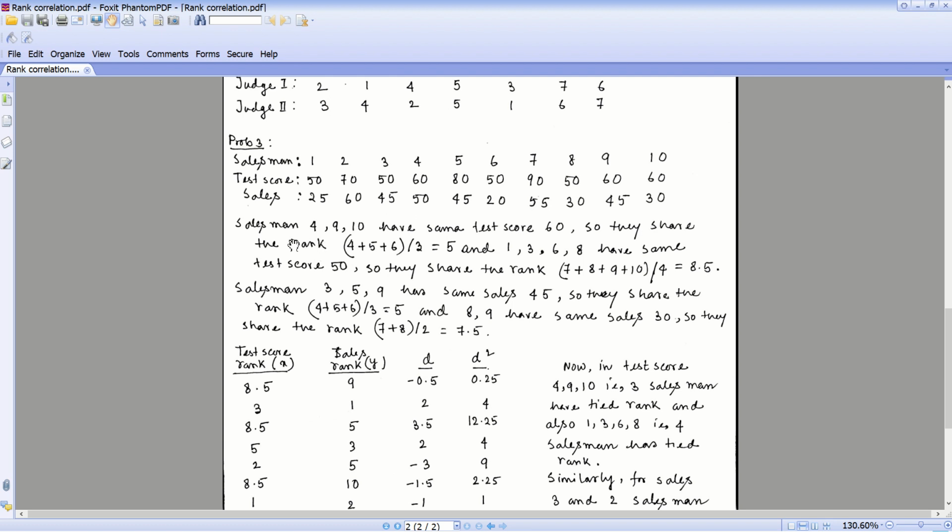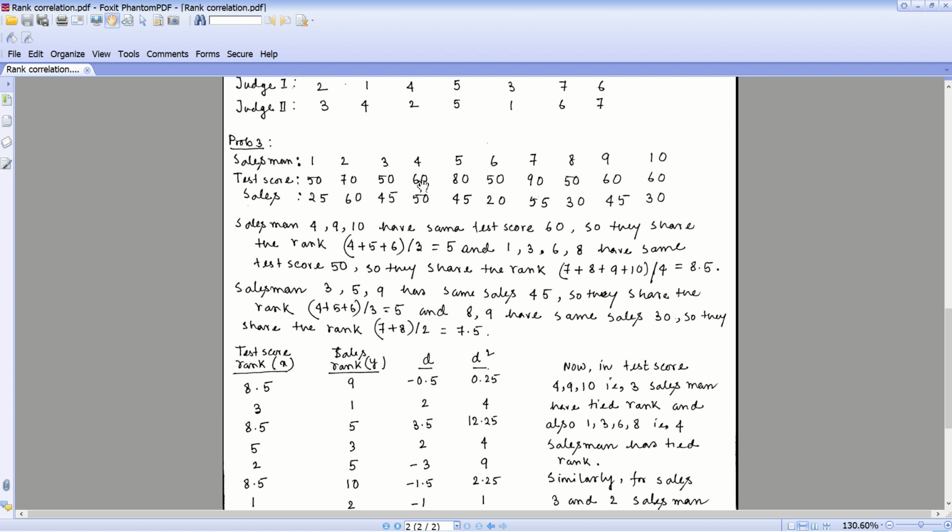So how to find out the rank? Now here you can see that the values of test score are 50, 60, 70, 80, 90. The highest test score is 90, so this is rank 1. After that 80, this is rank 2. After that 70, this is rank 3. After that 60, this is rank 4.